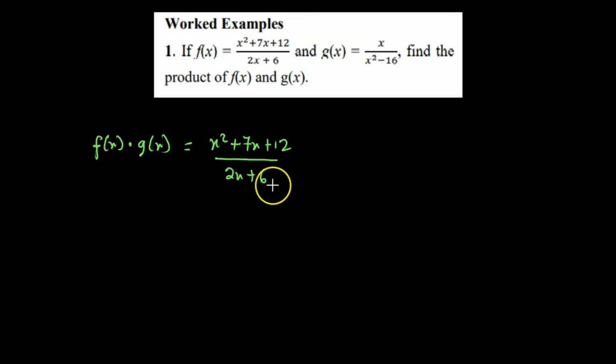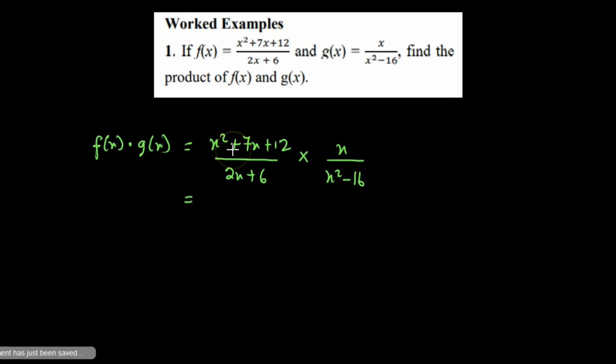So we are finding f of x multiplying g of x. This is going to give us x squared plus 7x plus 12, all divided by 2x minus 6, then multiplying x on x squared minus 16.